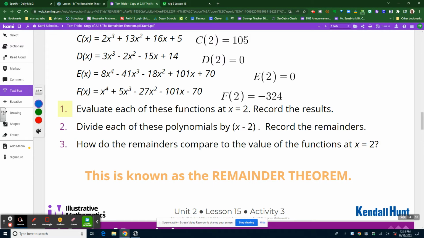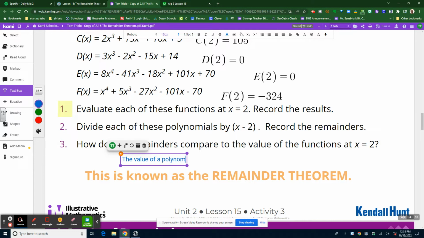Okay? So let's kind of just flesh this out a little bit. The value of a polynomial is equal to the remainder.